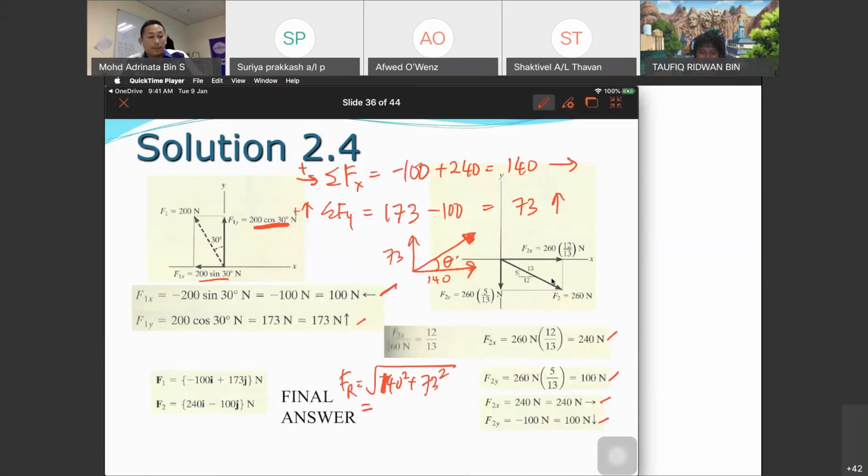Don't forget that you need a calculator. You need your scientific calculator, sebab sometimes ada equation yang you need to solve kan. So FR direction, theta is equals to tangent negative 73 over 140. So dapat theta.